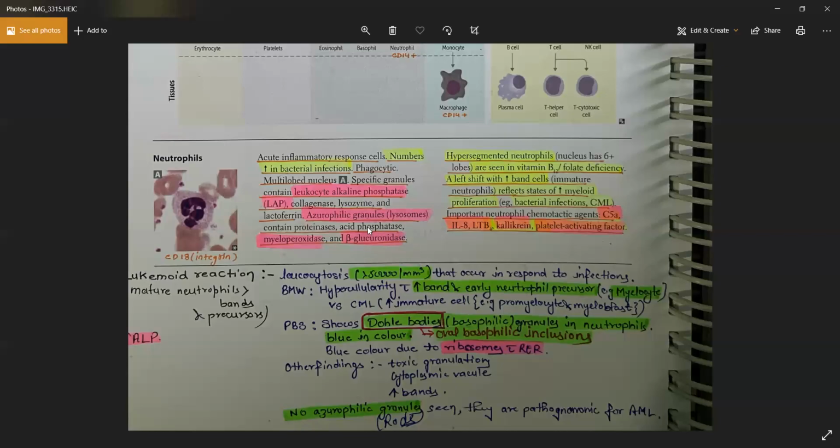Remember this beta glucuronidase enzyme? We have discussed it previously. Gaucher disease. And recently, the deconjugation by bacteria. It was the deconjugation, not the conjugation, right? Do you remember that?